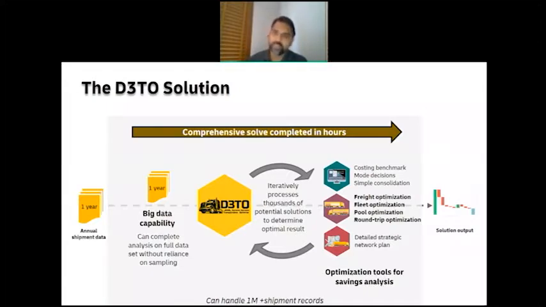We developed this tool which we call D3TO, DHL Dynamic Decision Transportation Optimization, and it has various heuristics and various optimization routines within. In addition to all this, it also has a lot of nuances that people working in DHL for many, many years have seen.